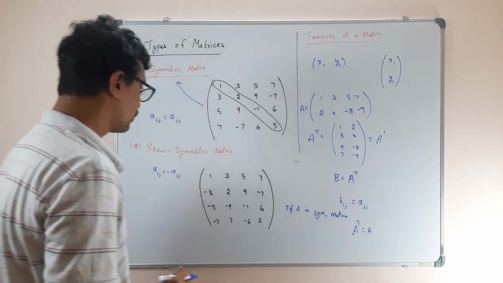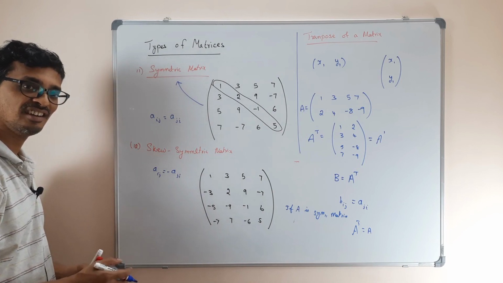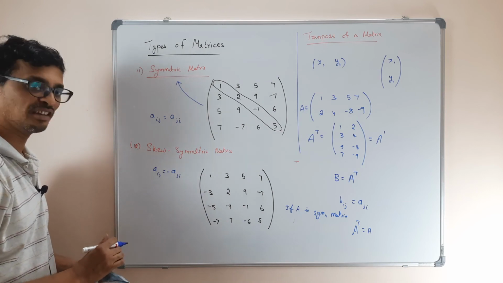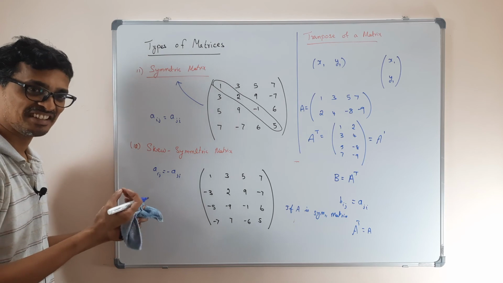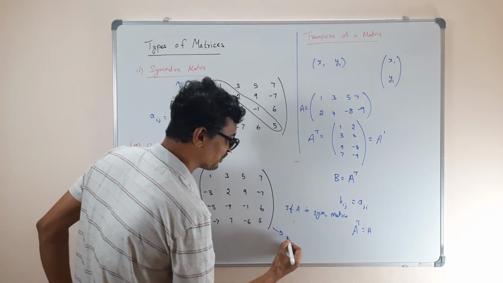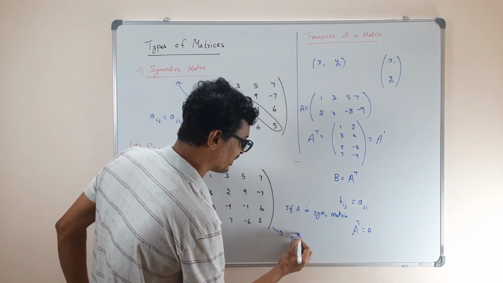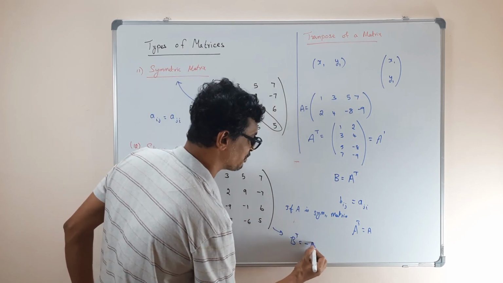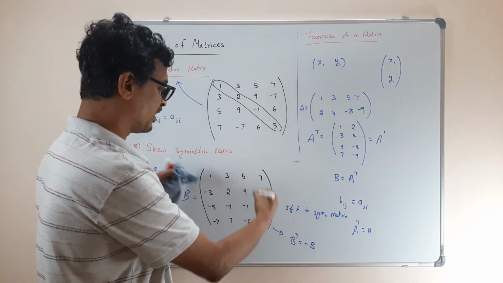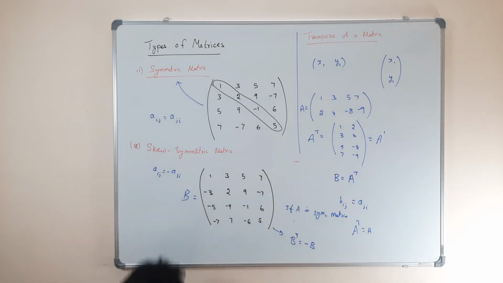So what about for a skew symmetric matrix? There will be only one minus sign, correct? The minus sign will get swapped. So for a skew symmetric matrix, if I call this B, then B transpose will be equal to minus of B. Just add minus with all the elements. Okay. Fine.